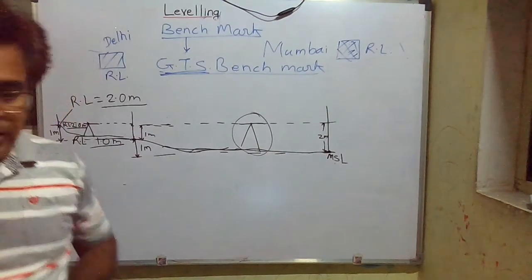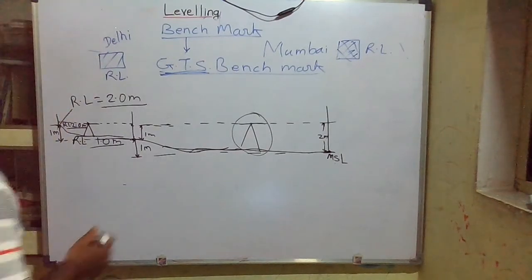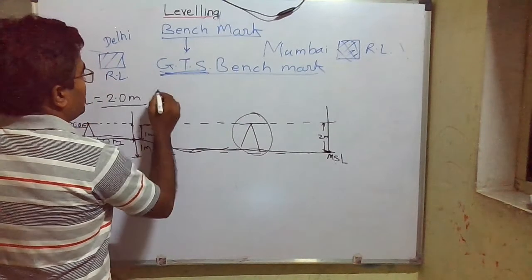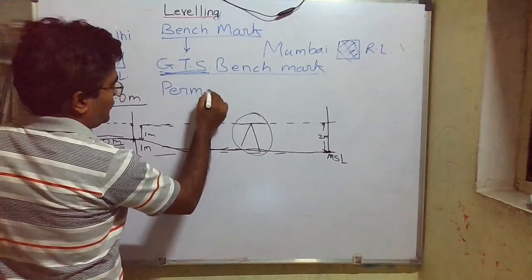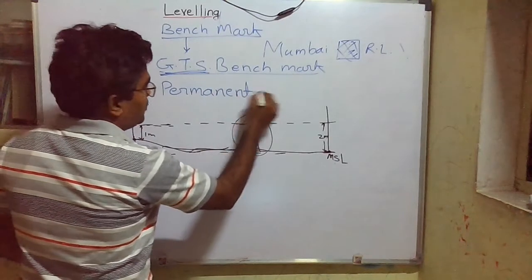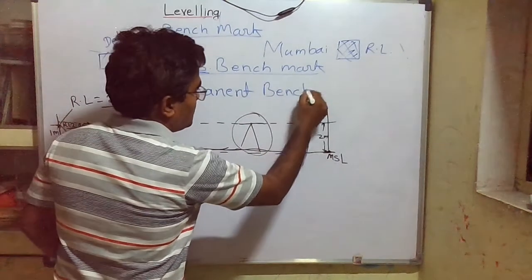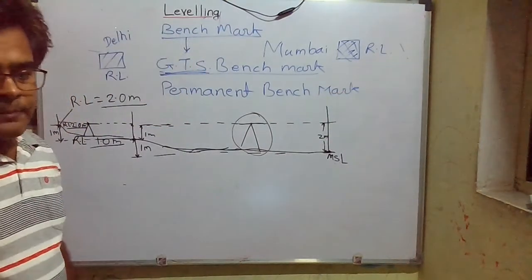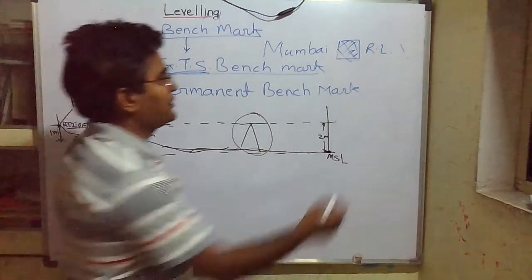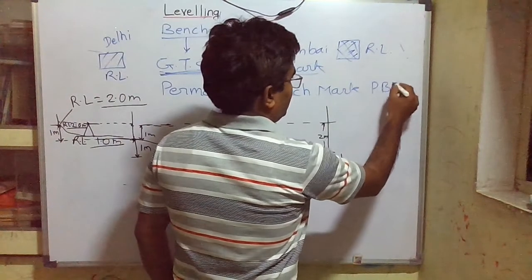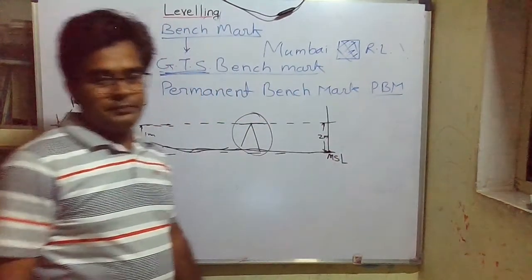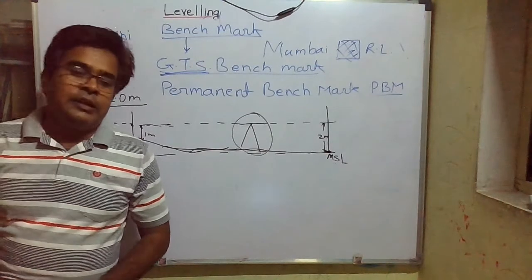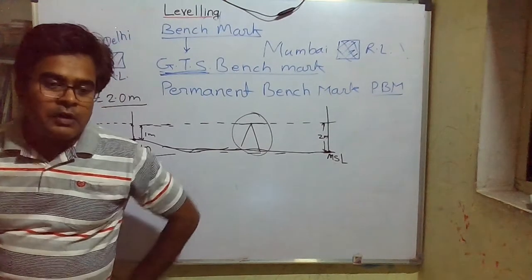Then another type of benchmark is the permanent benchmark, PBM. Various departments are there: irrigation department, PW department, railway department.